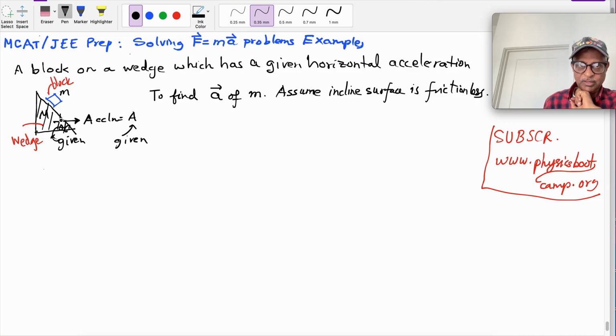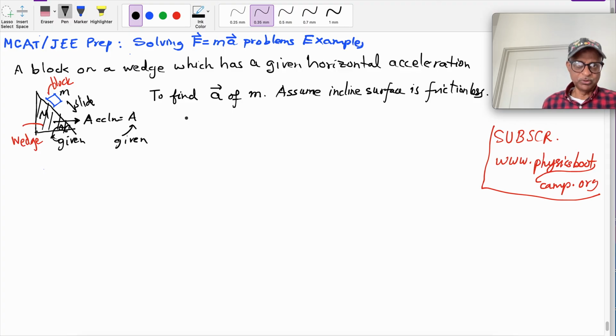It's not only going along with the wedge, but along this inclined surface it can also slide. We did a problem yesterday where the acceleration of the wedge was upward, and today the acceleration is horizontal. We want to find the acceleration.